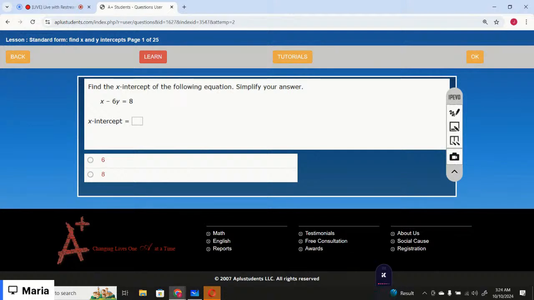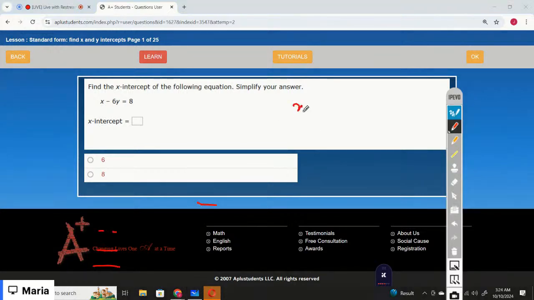Find the x-intercept of the following equation. So whenever we have to find the x-intercept, we need to put y equals 0. So simply replace the y with 0. So 6 times 0 is 0. You are left with x equals 8. So that means the x-intercept is 8. Got it?